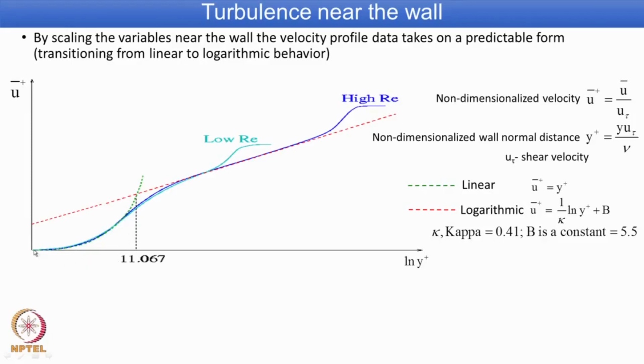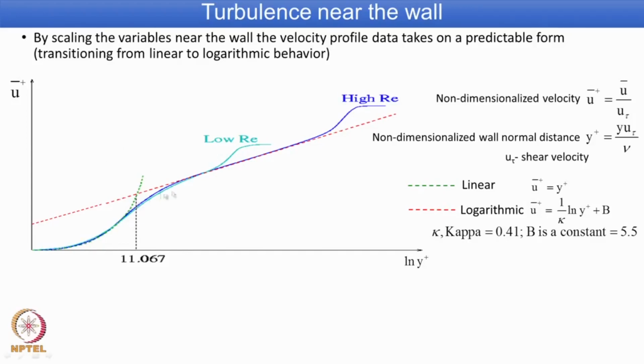So, when you say y plus is plotted on the x axis, so this becomes wall, that is y plus equal to 0, and this green color is an empirical relationship, and that is given by the relationship as u bar plus equal to y plus. So, this green color line is an empirical relationship, and that is a linear relationship. Because we are using semi log plot, it appears as a curve.